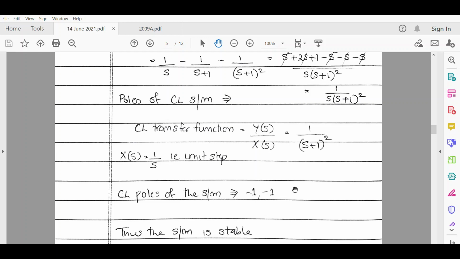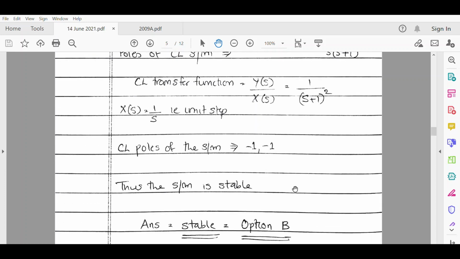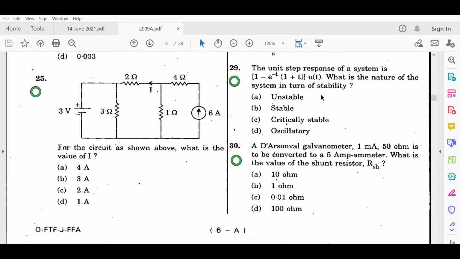Since they are on the left half of S plane, the system is stable, which means that for a bounded input the response of the system also will be bounded. Now let us see the options given. The option B indicates stable, so this is the correct answer.